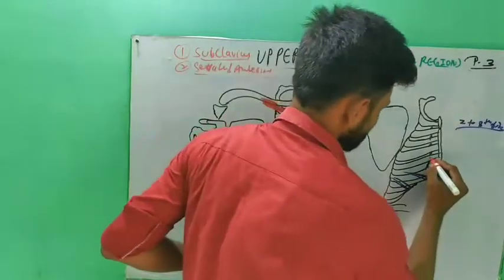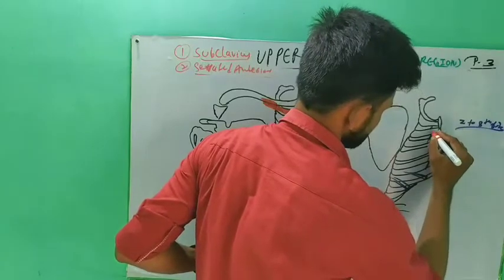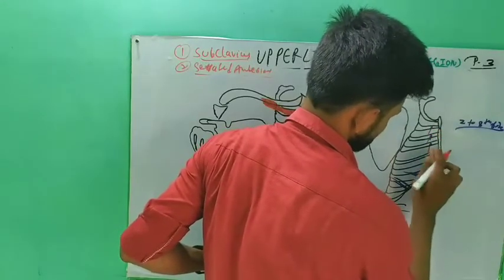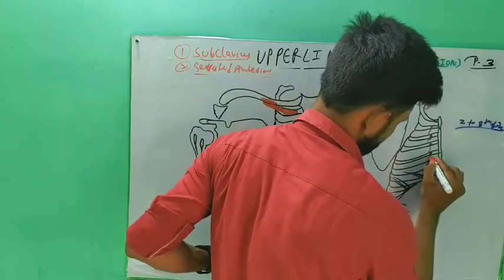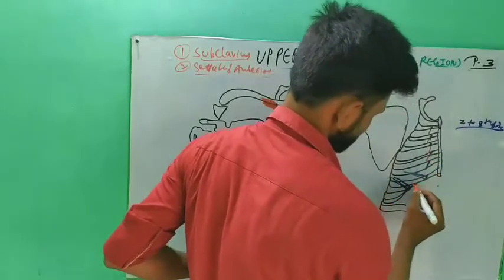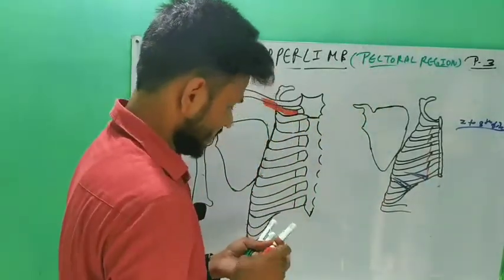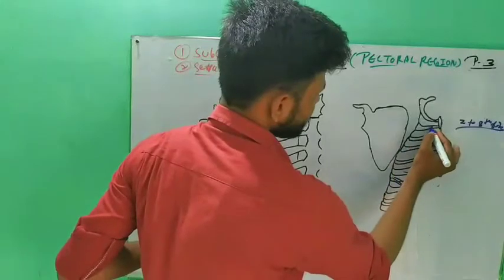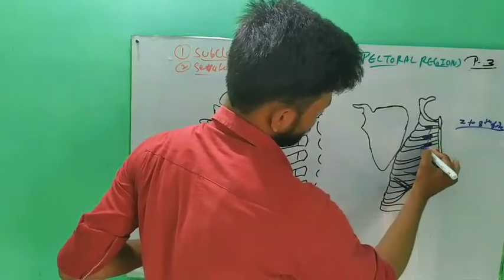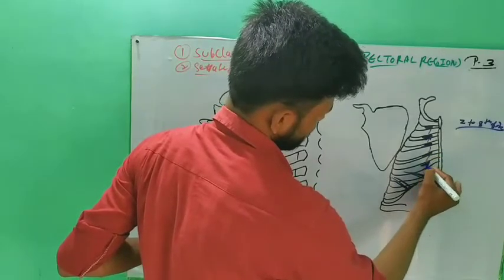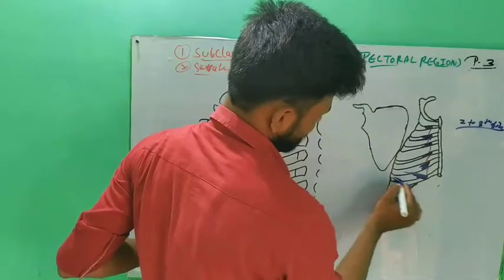I will make the serrated shape. This is the serrated shape, from the second to the 8th rib.